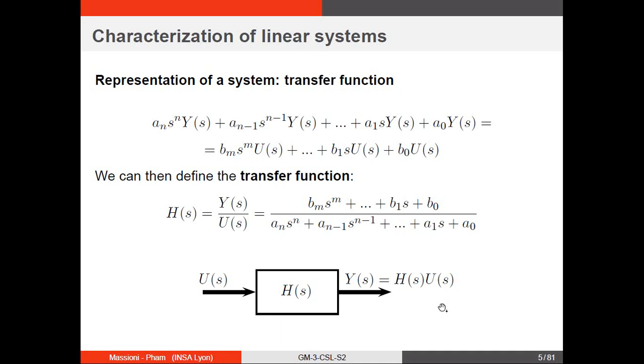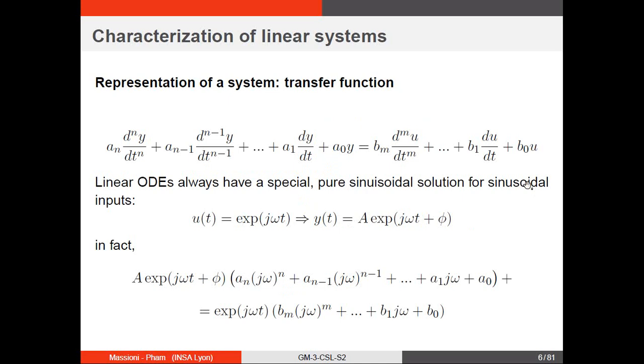Pay attention here. H of S is a function of S, but it is not the Laplace transform of a signal. Okay, y of S, u of S are signals. H of S is not a signal. It's just a factor, if you wish. That's why we call it transfer function.